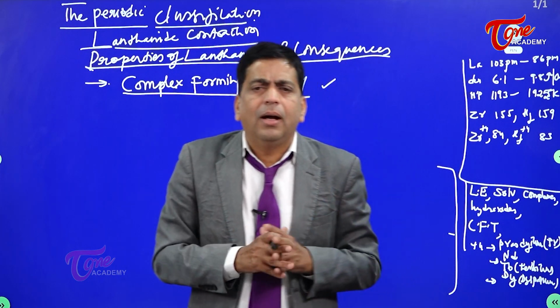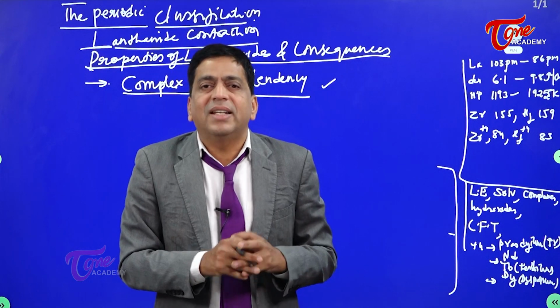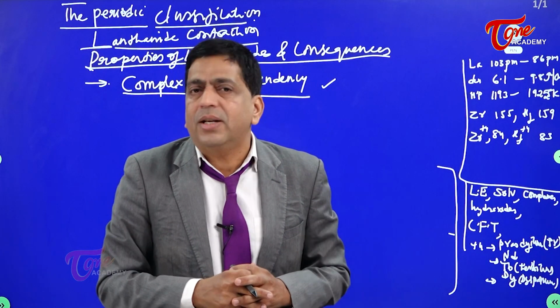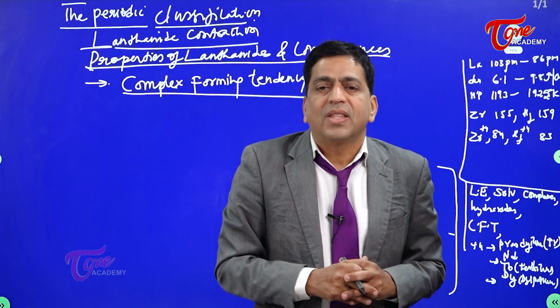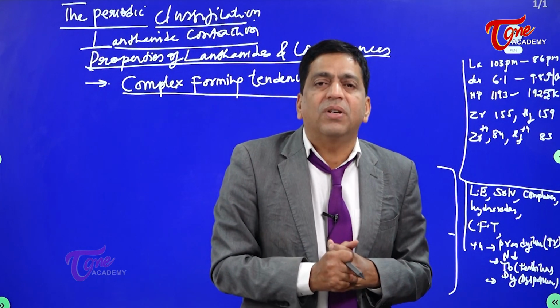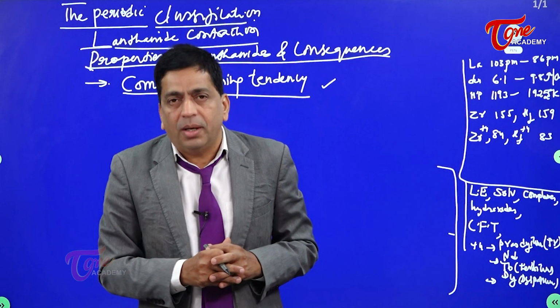Now remember, in the entire periodic table, complex forming tendency is zero for some elements. They don't form complexes. But the complex forming tendency is more intense for some elements in the periodic table.